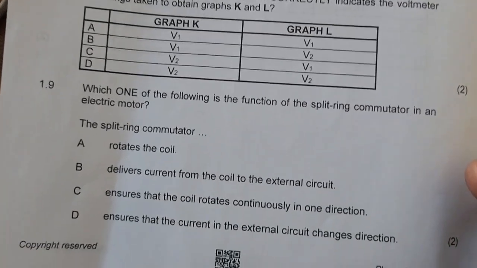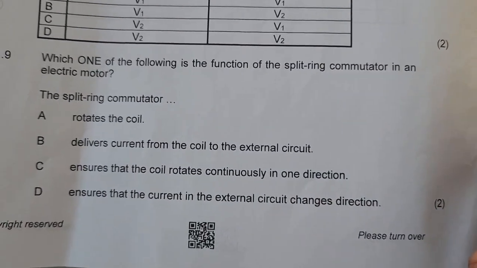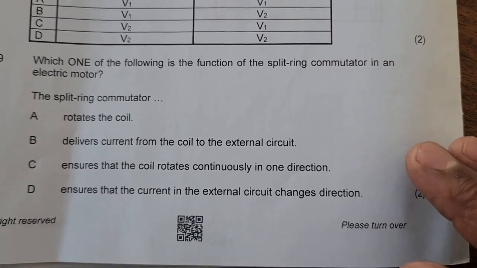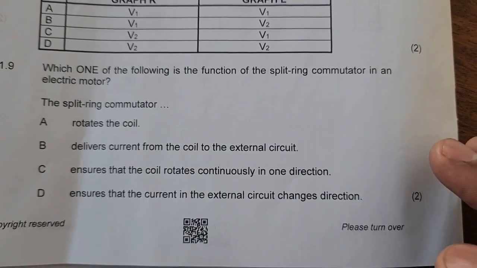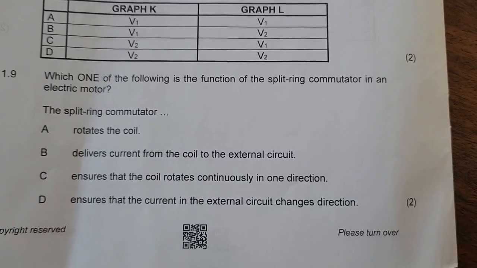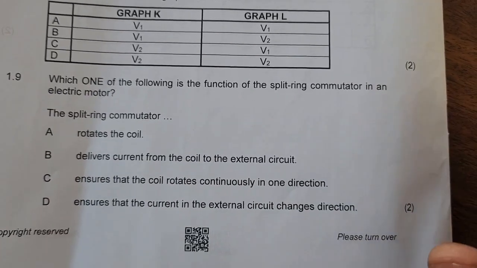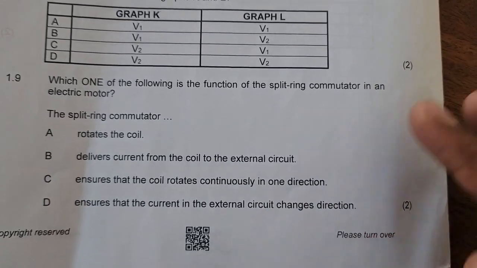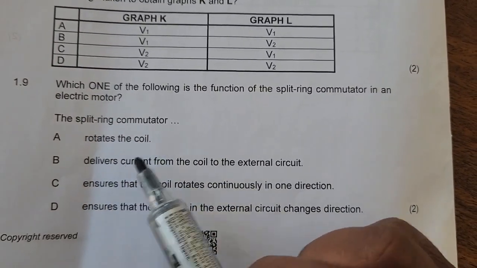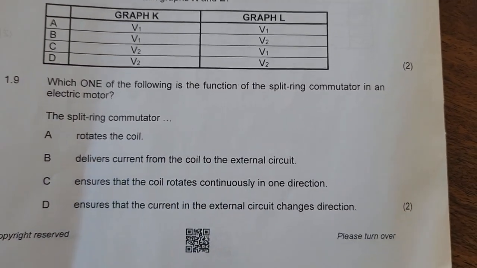We go to 1.9. Which one of the following is the function of the split ring commutator in an electric motor? Remember, the split ring is the one that we normally say reverses the current every 180 degrees, or in this case just provides the DC current. Split ring commutator rotates the coil.